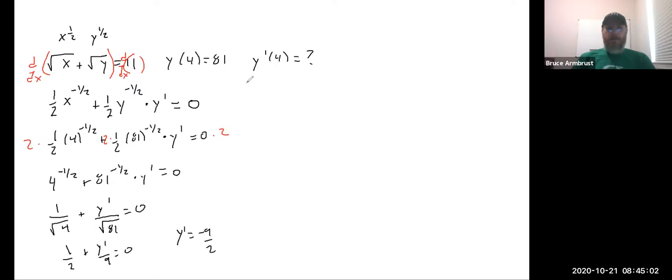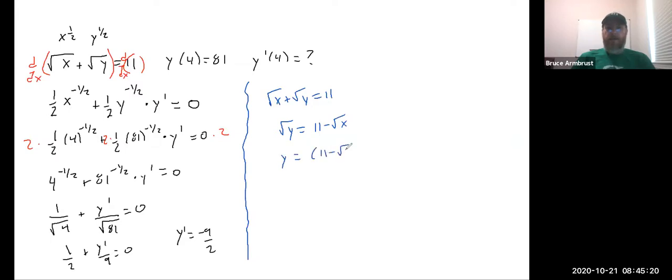And you know what, just for the sake of seeing how this plays out, let's do it explicitly. Let's solve it for y and then differentiate. So we've got to square both sides. So that gives me 11 minus square root of x, squared. So let's do y prime. For y prime, we're going to have to do chain rule.